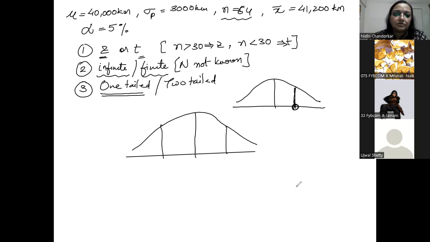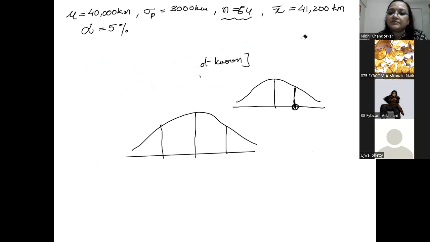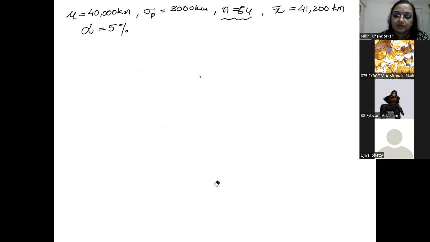Okay. So actually, technically, the first thing what we should do is we have to frame the hypothesis in this case. Okay. So suppose for z-test, there we have to frame null and alternate hypothesis.